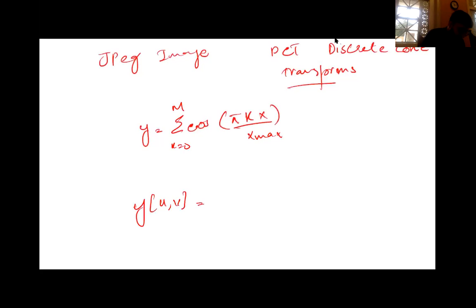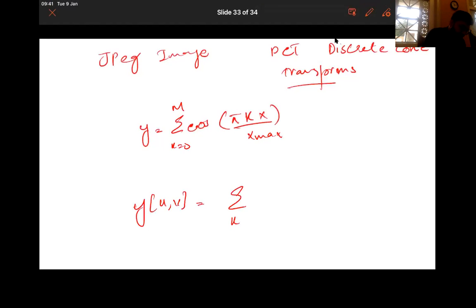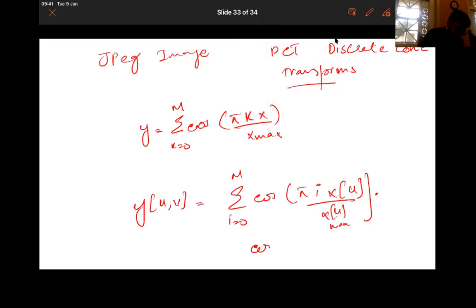This becomes, I'll call it i and j rather than k, the sum for i equal to 0 to m of cos of pi i x u divided by x u max, times cosine of pi j x v divided by x v max.